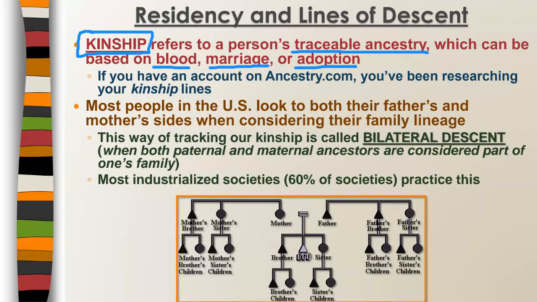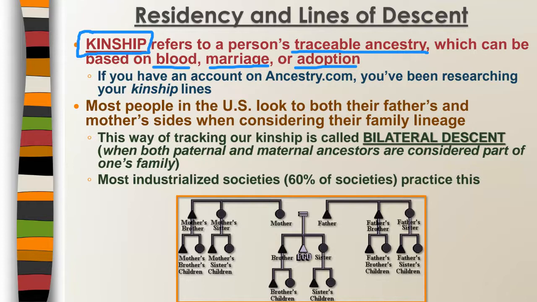However, my mother has an uncle that lives in Iowa who I've never met. I'm sure he's a very nice person. I've never met him, and so he's technically part of my kinship line.